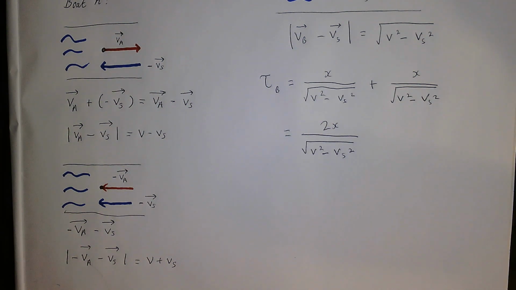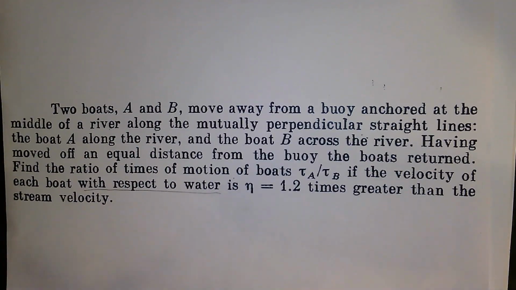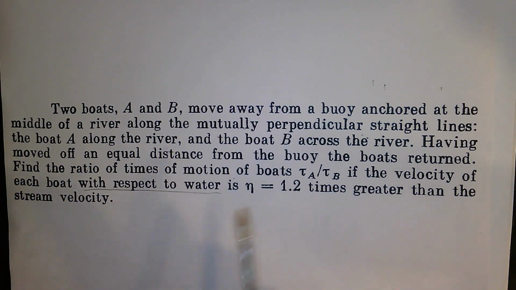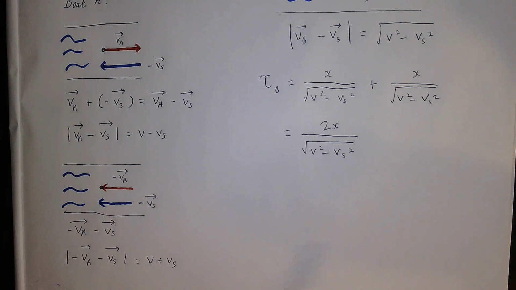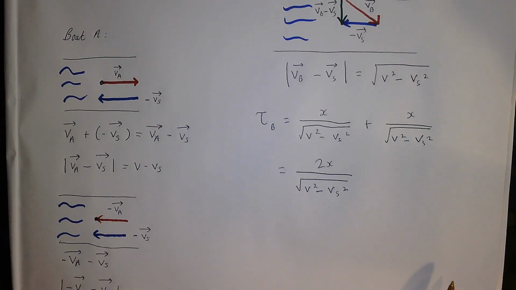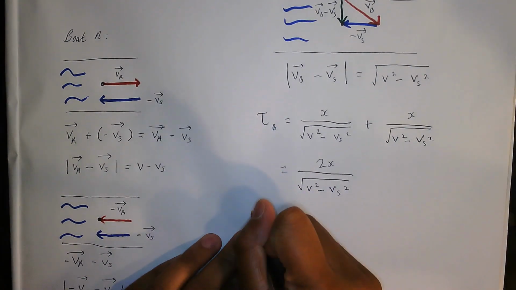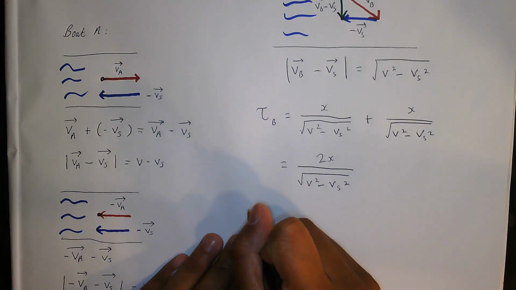Okay, so the very final part of the question is working out that ratio of time of motion, tau A over tau B. So now we know what tau A equals and what tau B equals. It's fairly straightforward.